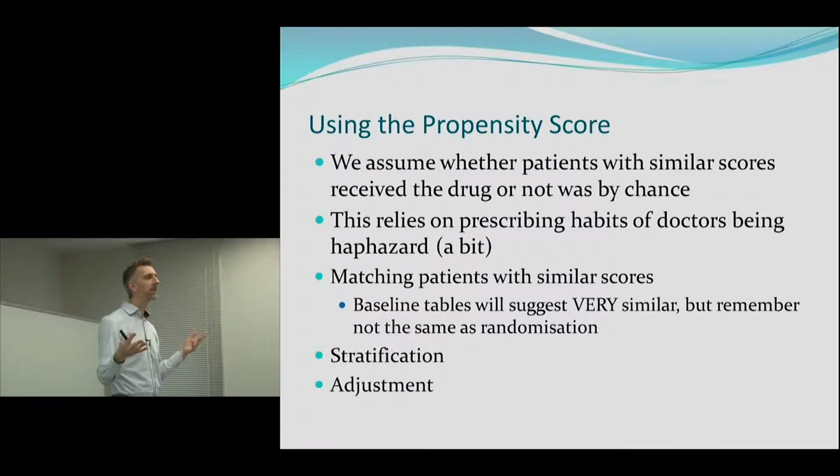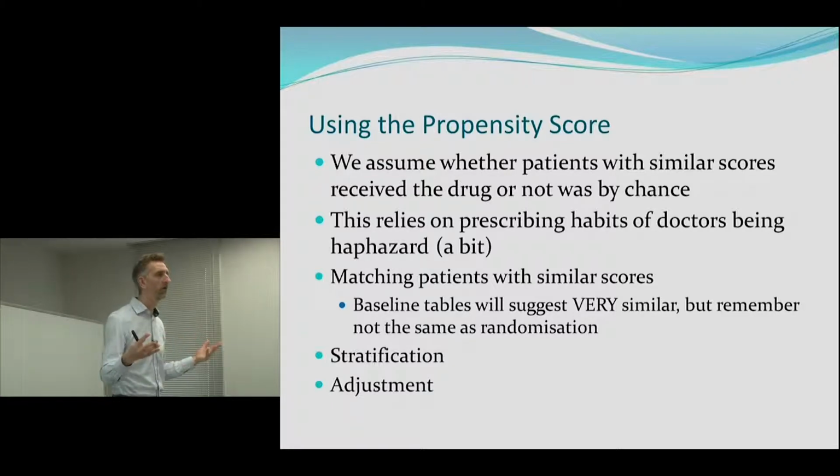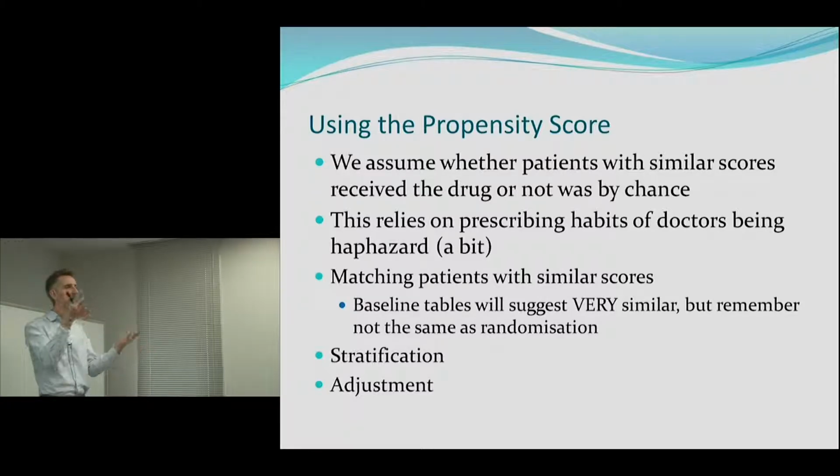My baseline table of the exposed and the unexposed will look very similar. The age, the sex, the distribution of heart disease, diabetes is going to look very similar between the exposed and the unexposed. I could then run a very simple Cox model or Poisson regression where I don't need to adjust for anything, because these two populations have the same distribution of risk factors. Known risk factors is very important to say. So that's one thing I could do.